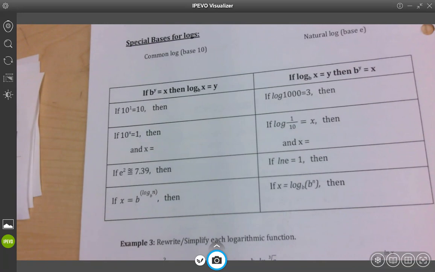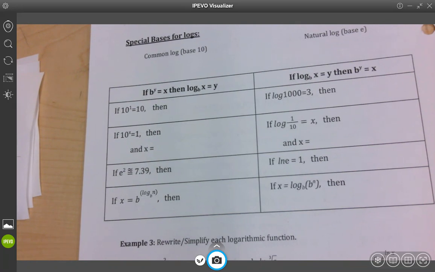Special bases for logs. There are 2 logs that are more special than any other logs. They are the common log and the natural log. The common log is so special that if you just write log and you don't write a base, that means common log.